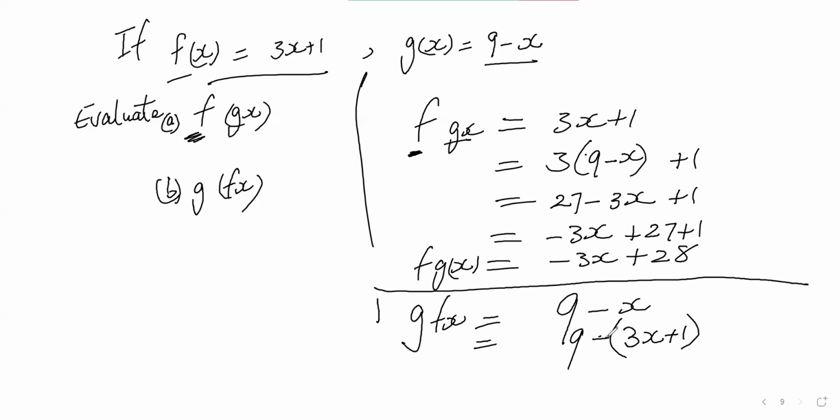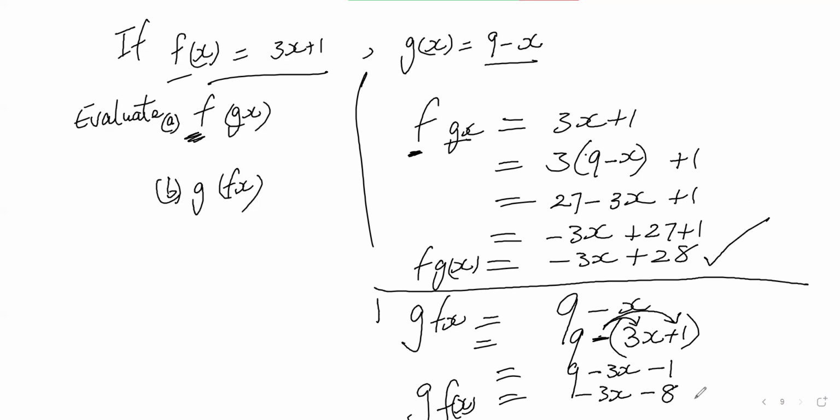But there's a negative sign outside, people. So I'm multiplying everything by negative 1. So that'll be negative 3x and negative 1. So that will give me negative 3x, 9 minus 1 is 8. Notice the answer: g of f of x is negative 3x plus 8, and f of g of x is negative 3x plus 28. One is this and the other is this.